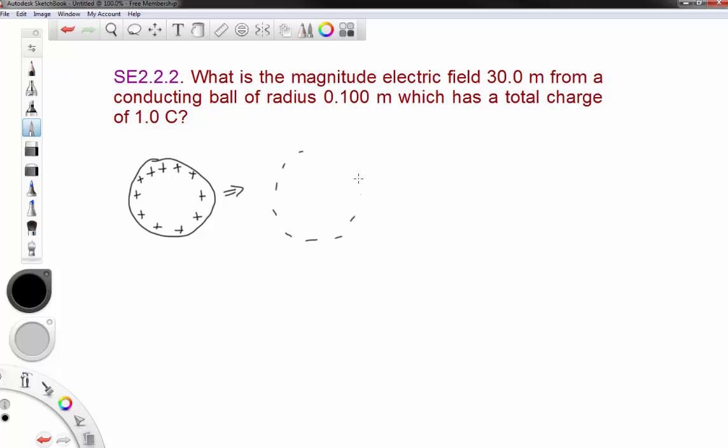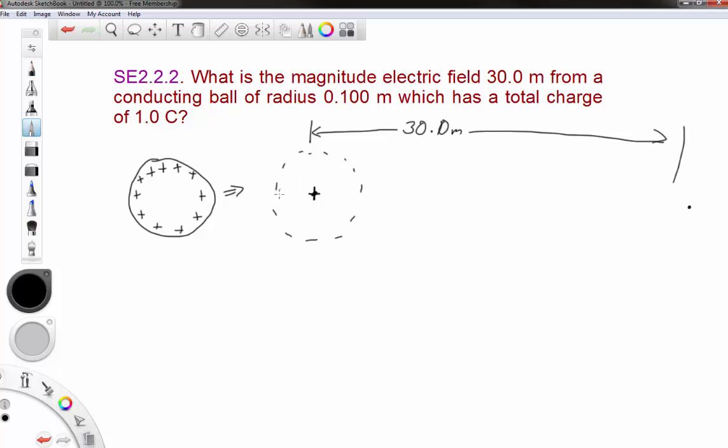As long as we're talking about something far away, like over here, it acts in the same manner as if we have a single point charge located in the middle. So this right here is a distance of 0.1, and this is a distance of 30.0 meters from here out to here.